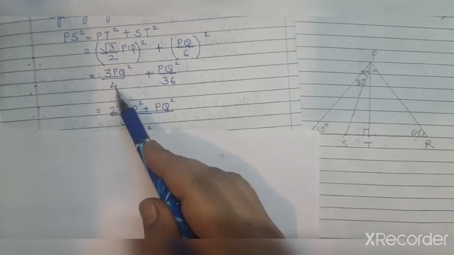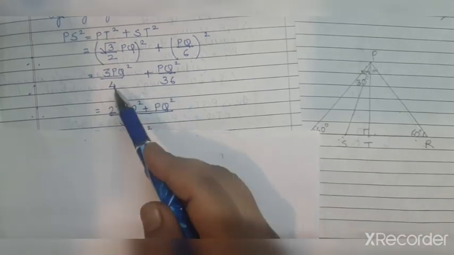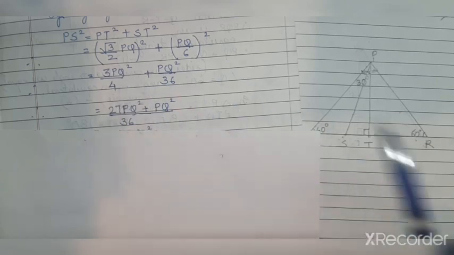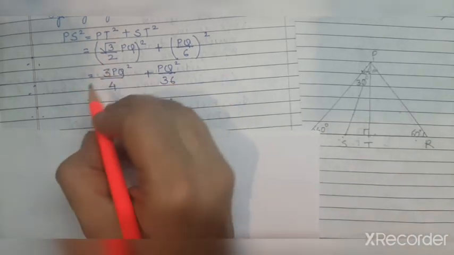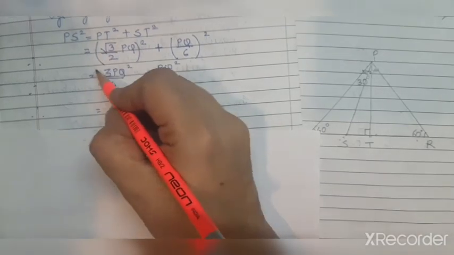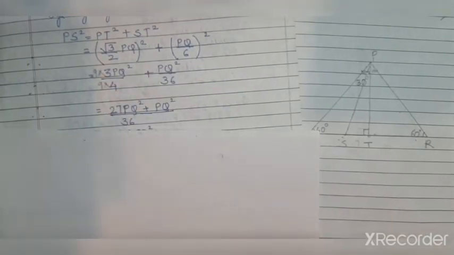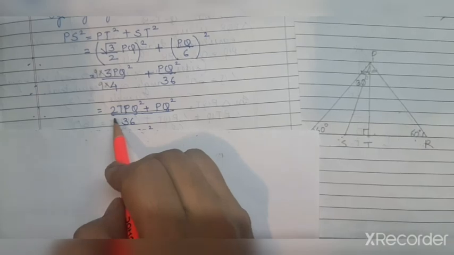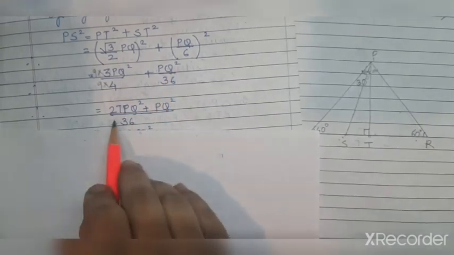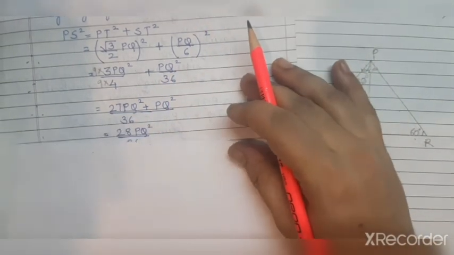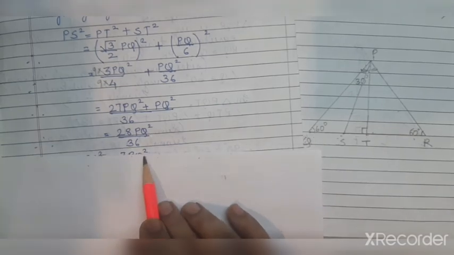Here 4 we can convert to 36 by multiplying by 9. If we are multiplying 9 down, we have to multiply 9 up also. So 9 3s are 27 PQ square plus PQ square upon 36. So it is 28 PQ square upon 36.